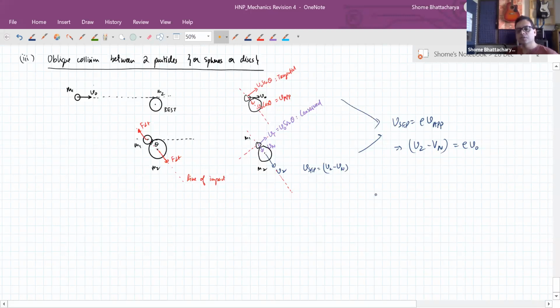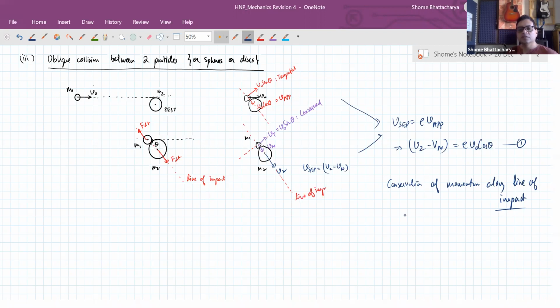And also conservation of momentum along line of impact. Along this line on which the impulse is acting, this line of impact, if we conserve the momentum, we'll get the equation.